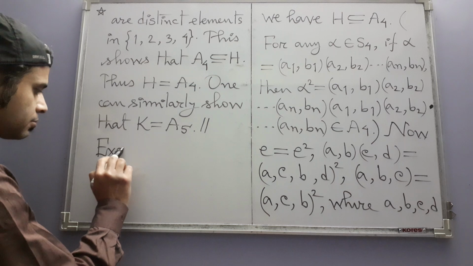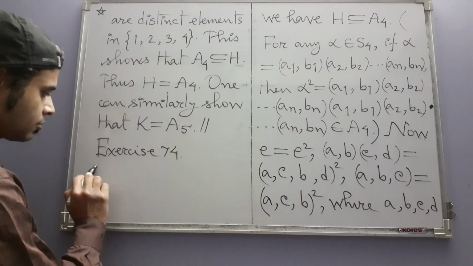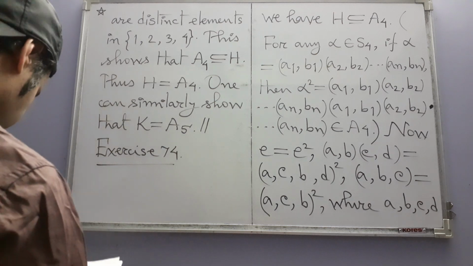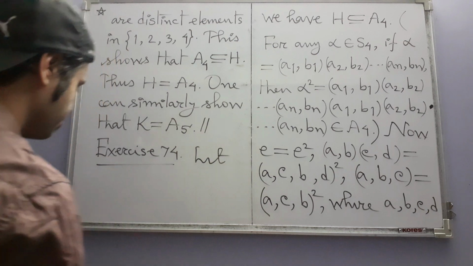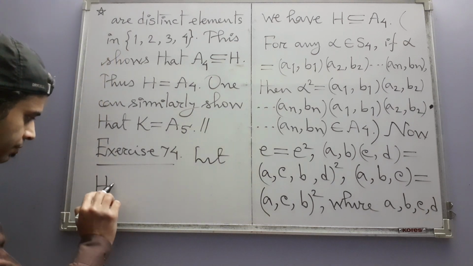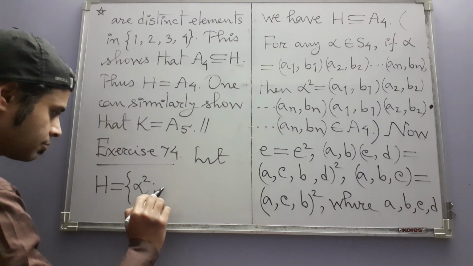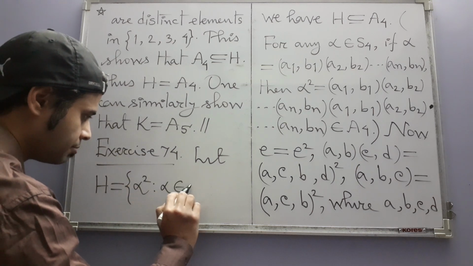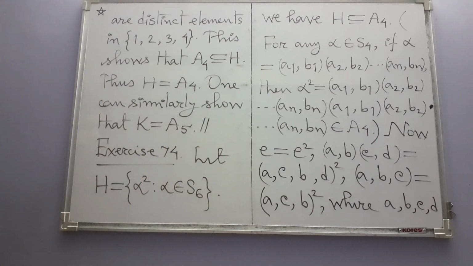Exercise 74. Let, like before, let H be the set of the squares of the elements in the symmetric group S6.